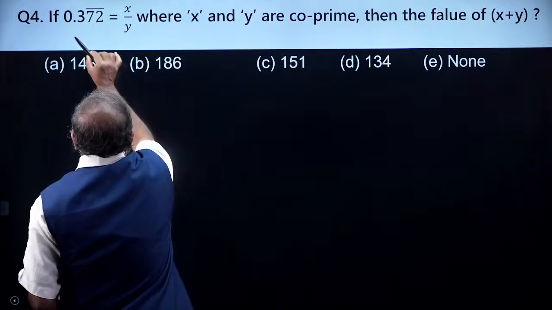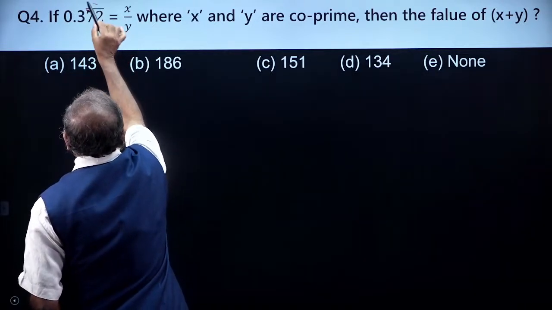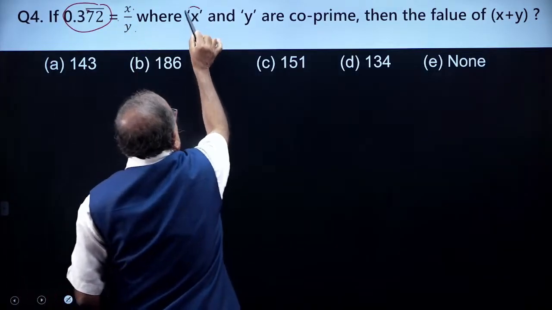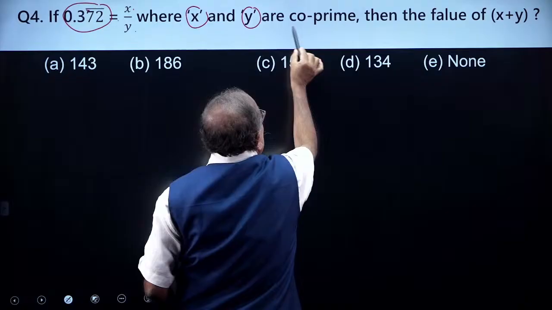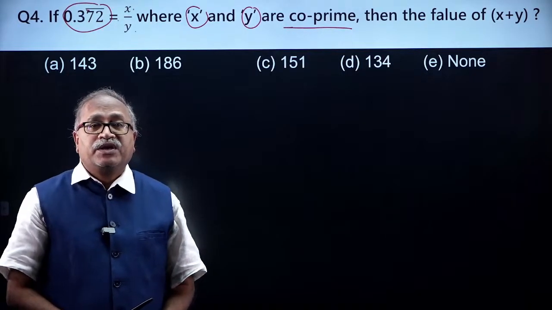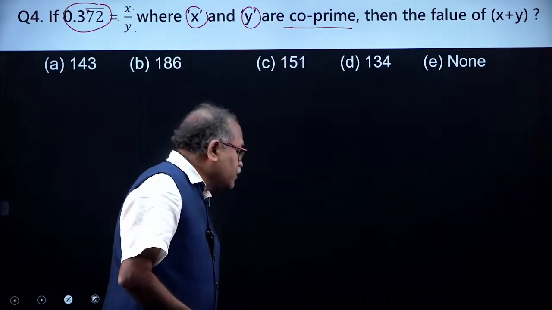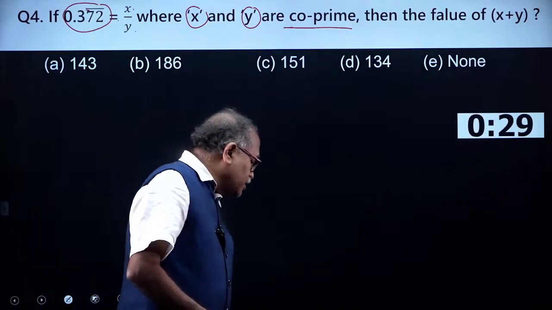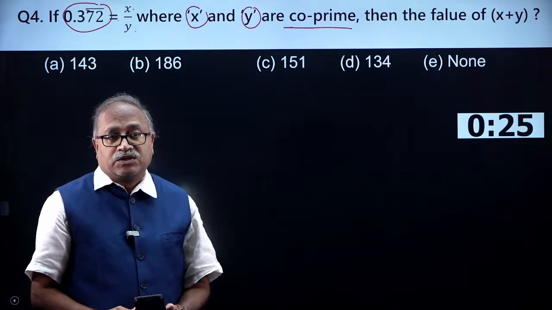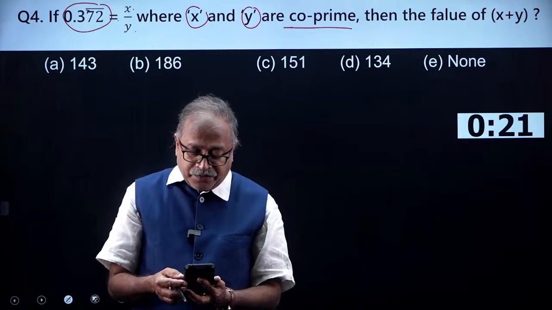So it is given over here that 0.372, the bar is over 72, which is equal to x by y, where x and y are co-primes. Then what is the value of x plus y? Come on my friends, I will give 30 seconds for you, because you are not only writing the banking exam, you are also writing the RRB exam, SSC exams. So the number system is one of the important parts.